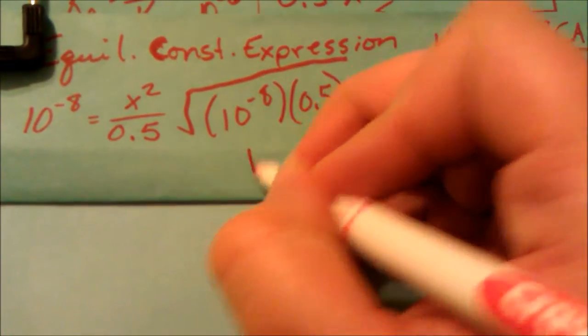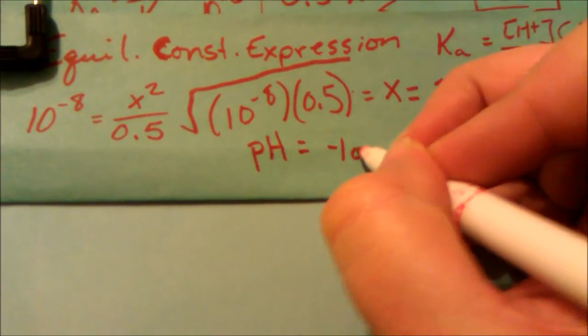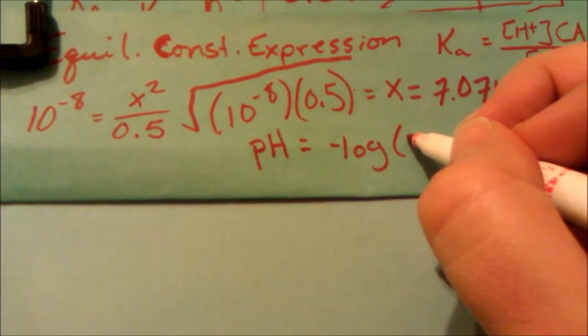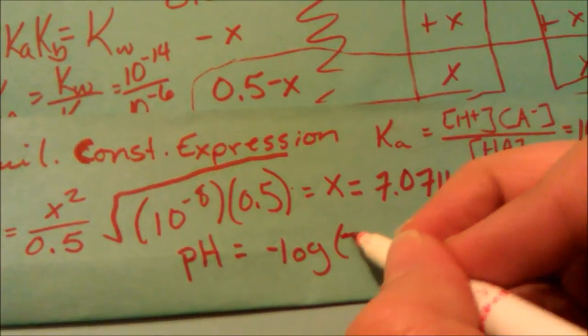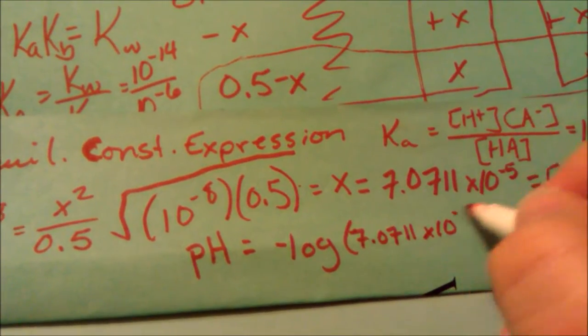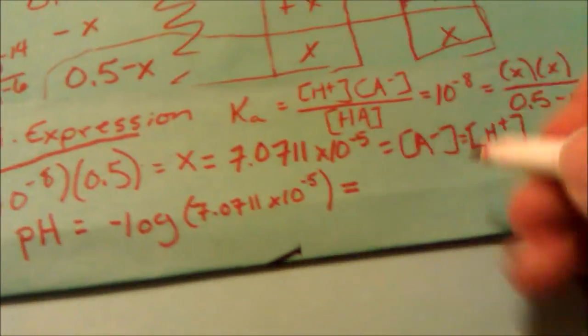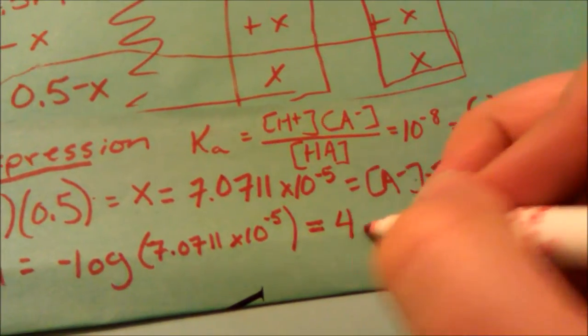Because I'm looking for pH, which means that I can find the negative log of my H plus concentration, x, 7.0711 times 10 to the negative 5. And if I plug all of this out, I believe you get 4.15.